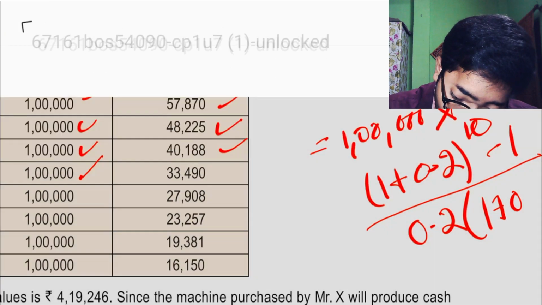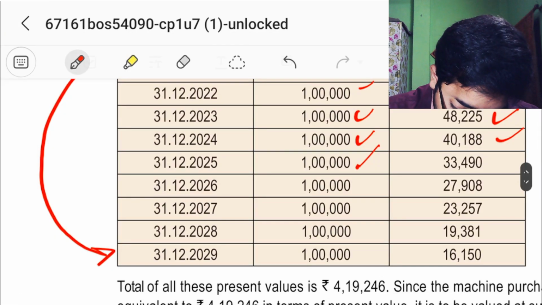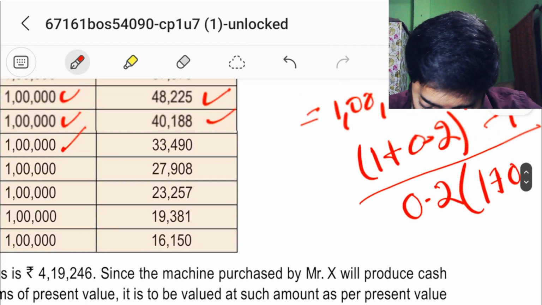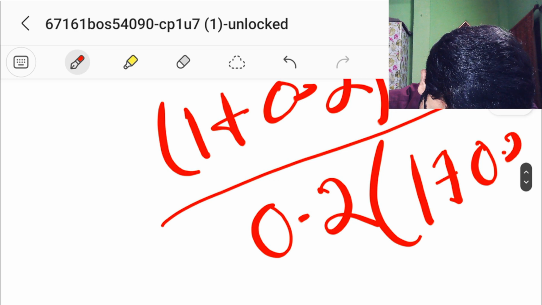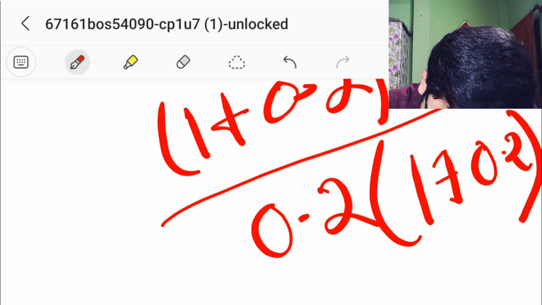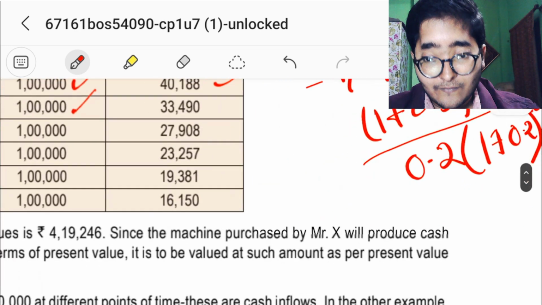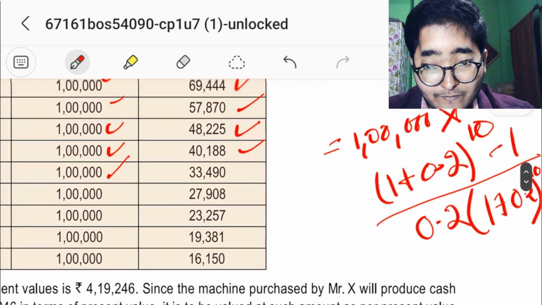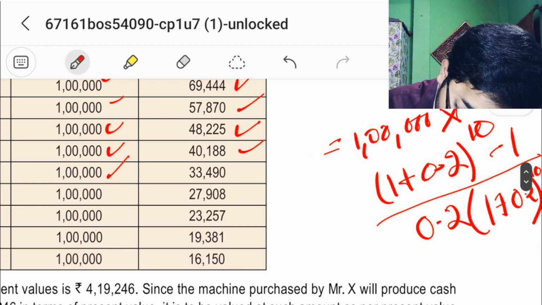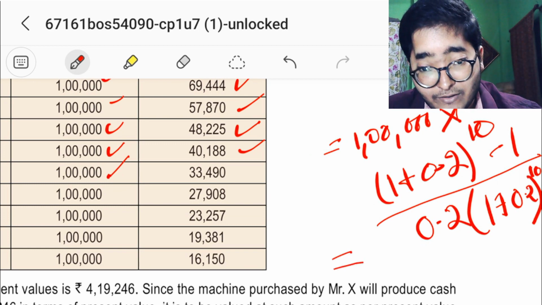Again that same problem is happening, sorry for it. I hope it's visible now. Yes. So our calculation begins over here.